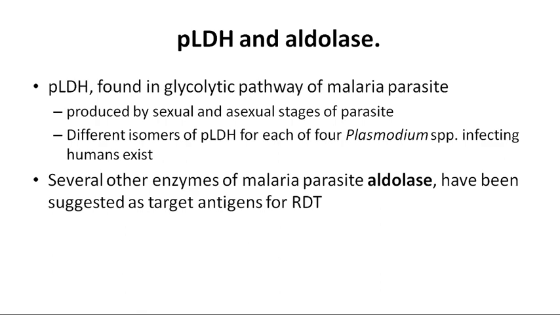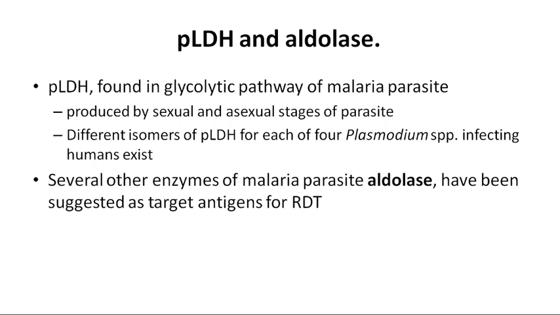Regarding the other antigen targets like Plasmodium LDH as well as aldolase. First, pLDH is found in the glycolytic pathway of the malarial parasite, and is produced by sexual and asexual stages of the parasite.